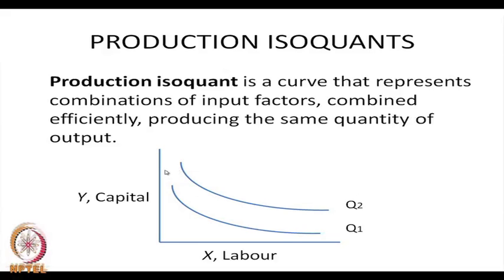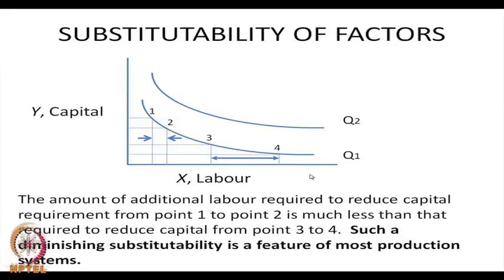This is called production isoquant curves. It is a curve that represents combinations of input factors, in this case x and y, combined efficiently to produce the same quantity of output. This production isoquant is a very useful graphical technique, and we shall be using it very frequently hereafter.